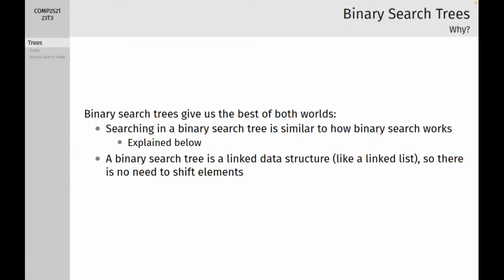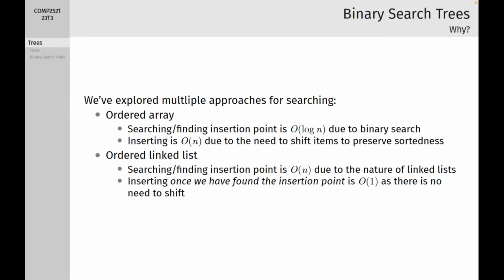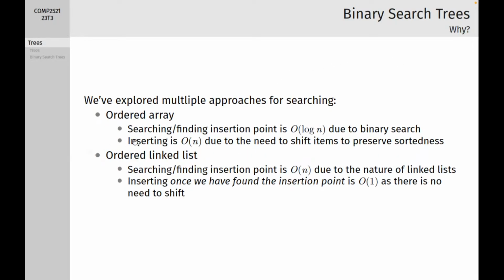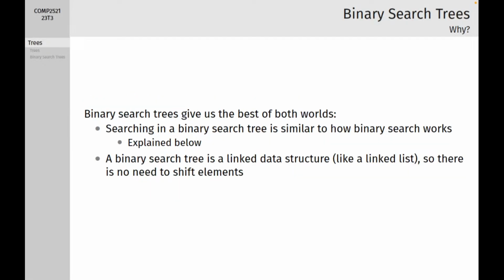This gives us the best part of both of these implementations. Binary search trees give us the efficiency of a binary search, and they also give us the efficiency of not needing to shift. And in the next lecture, we'll talk much more about binary search trees.